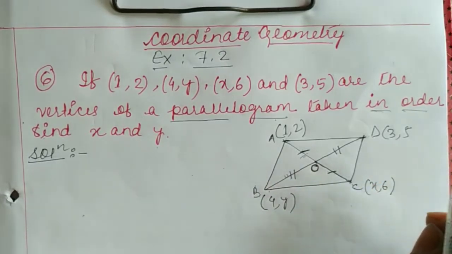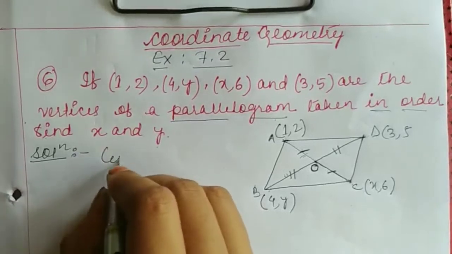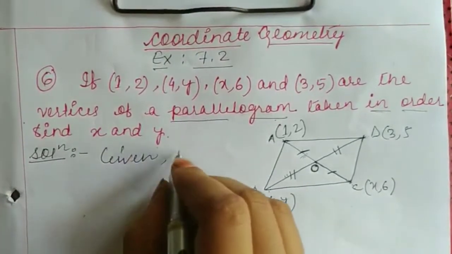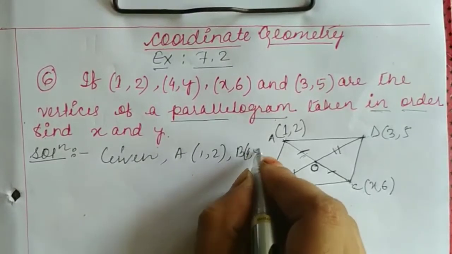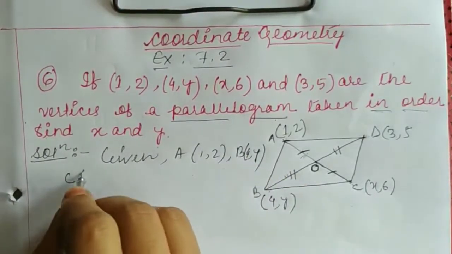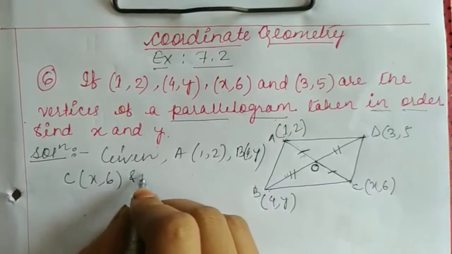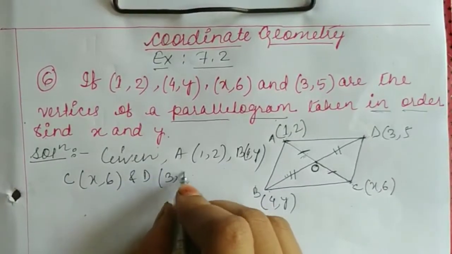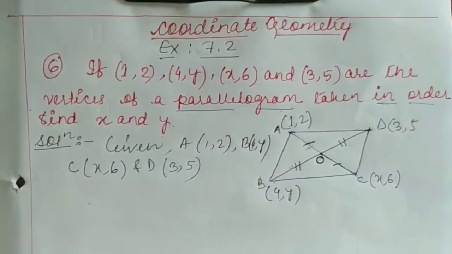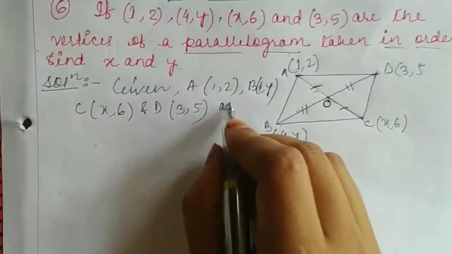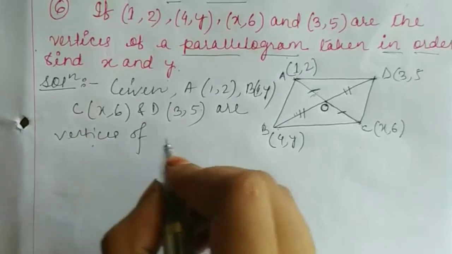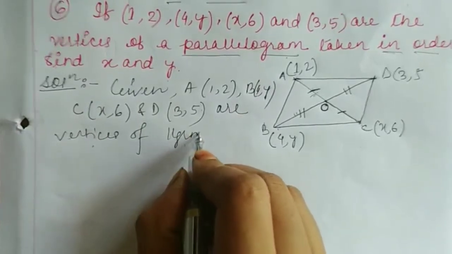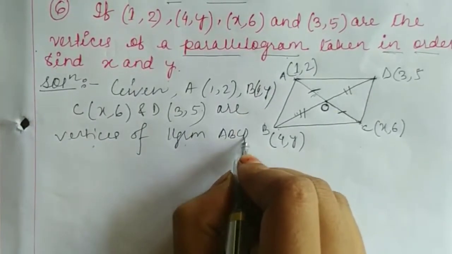So, given A (1, 2), B (4, y), C (x, 6) and D (3, 5) are the vertices of parallelogram ABCD.